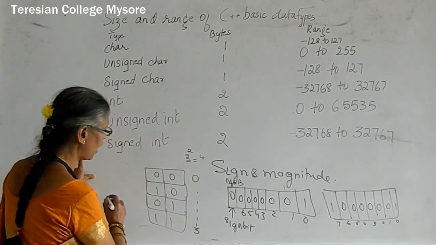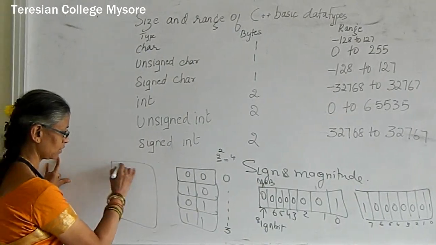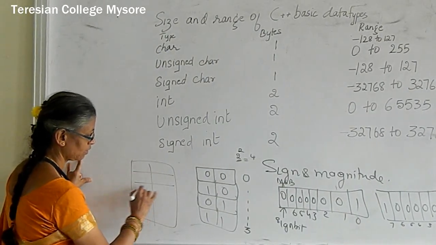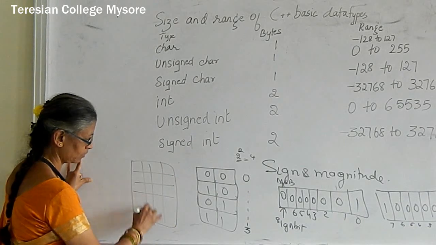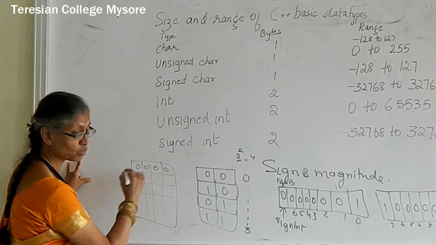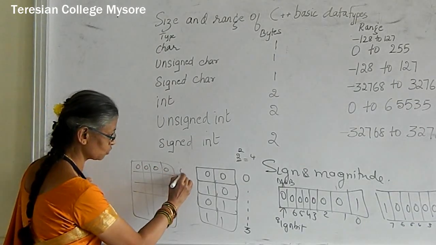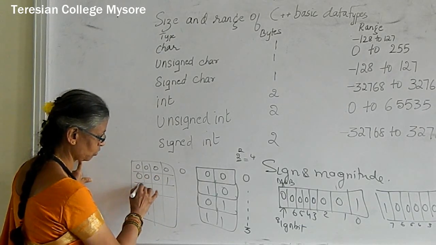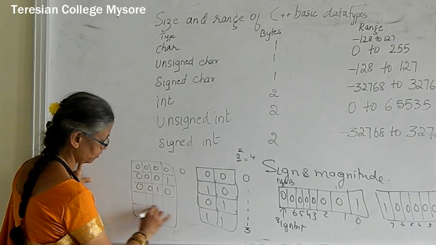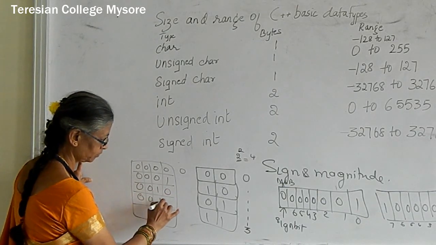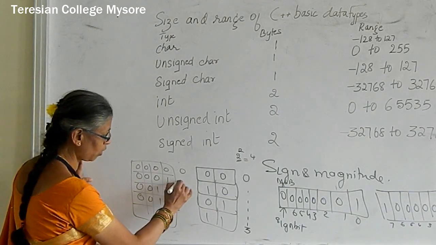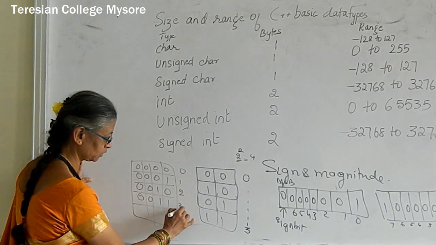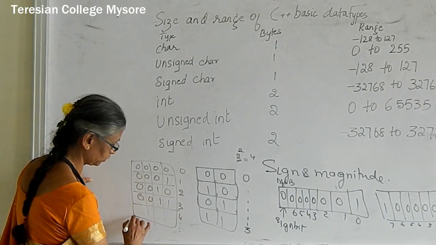Similarly, if you have 4-bit space, the lowest number will be 0, then you can store 0001, and like this it varies. This is 2, this is 3, and it continues.